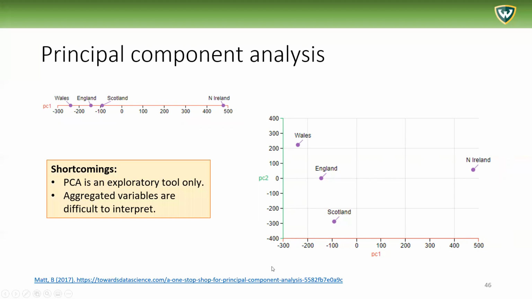Because the outcome of the principal component analysis are these principal component dimensions themselves, this doesn't tell me that, oh, it is potatoes that is substantially different across Northern Ireland than the other countries, or it is soft drinks and so on. So it's good for certain tasks, but not very good for others.